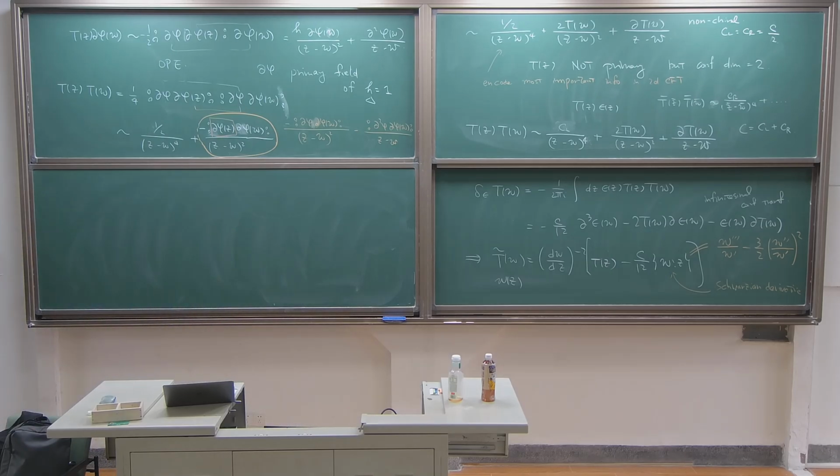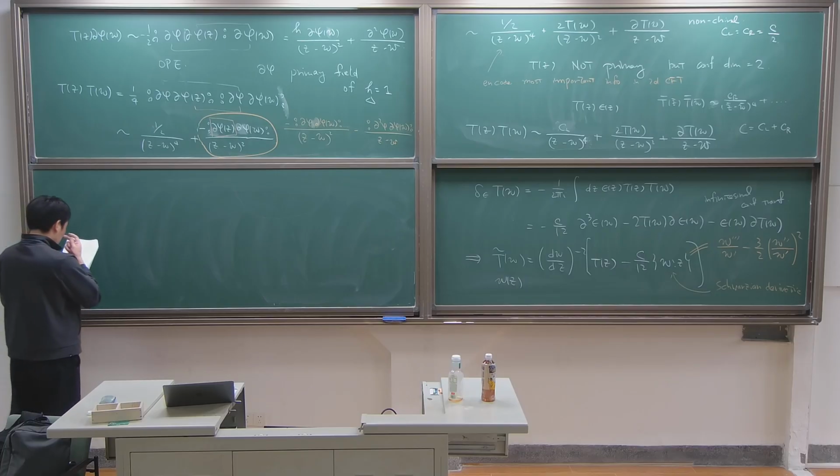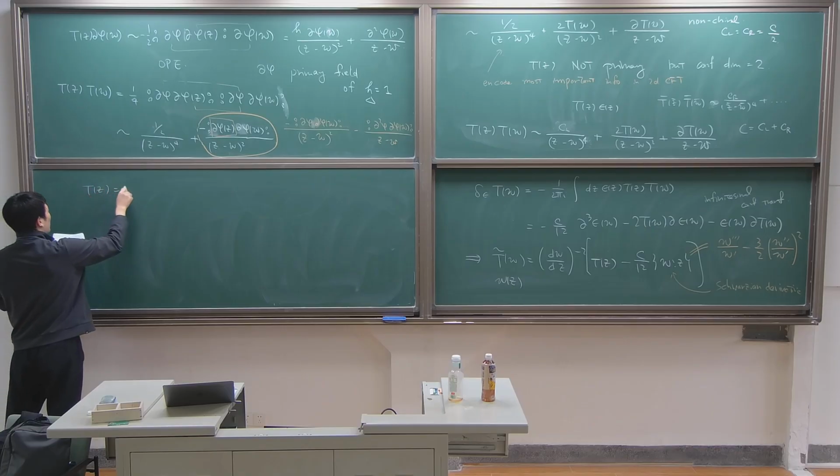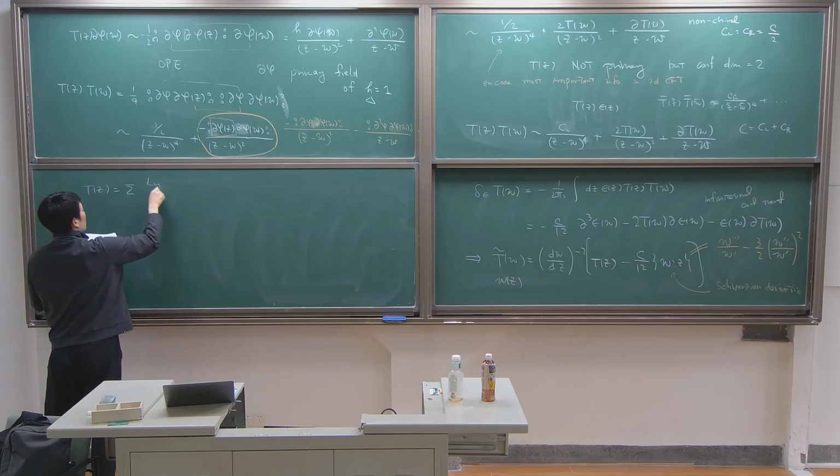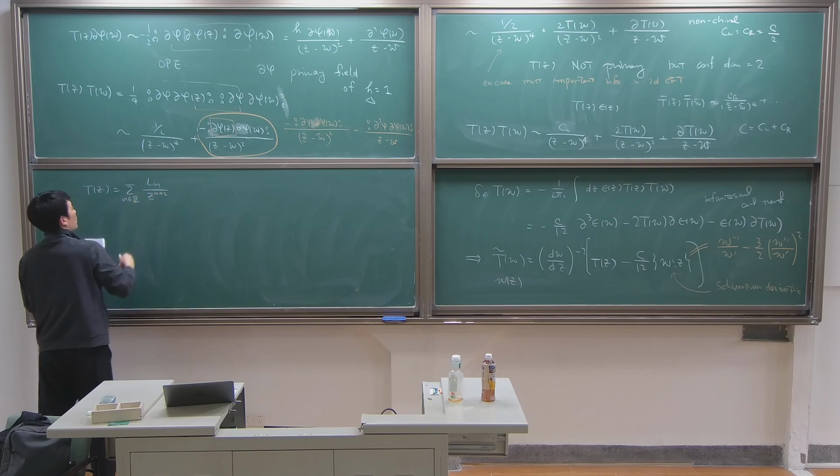Okay, so now we will do the following thing. We just do the expansion of T(z), which is the sum of L_n z to the minus n plus 2, where n is an integer mode.